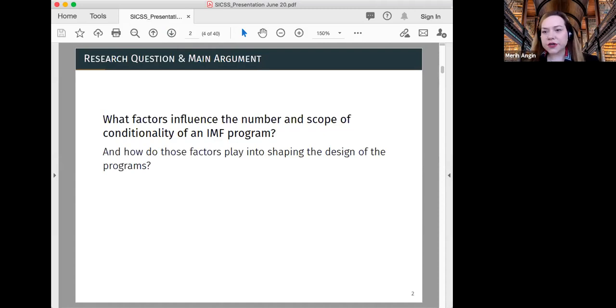I mean, if a country was getting favorable conditions from the fund due to its strategic importance for the US or the G5 countries in general, then how do we explain the variation in conditionality across programs implemented in the same country?